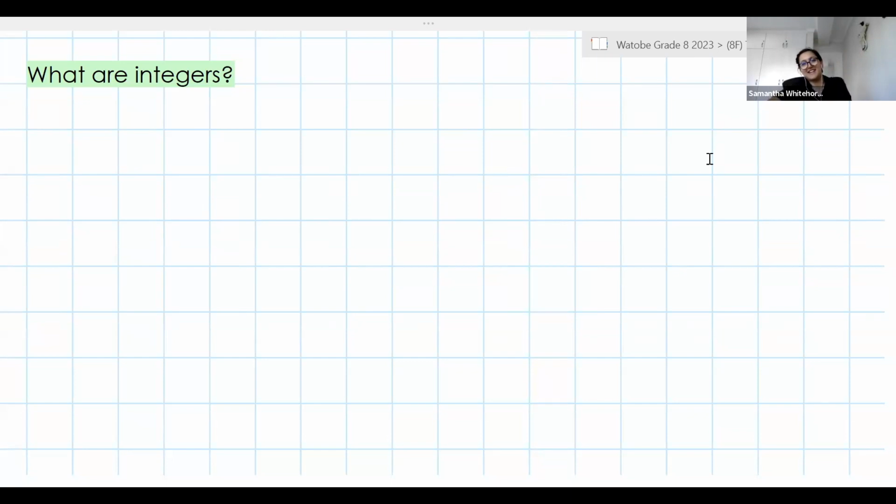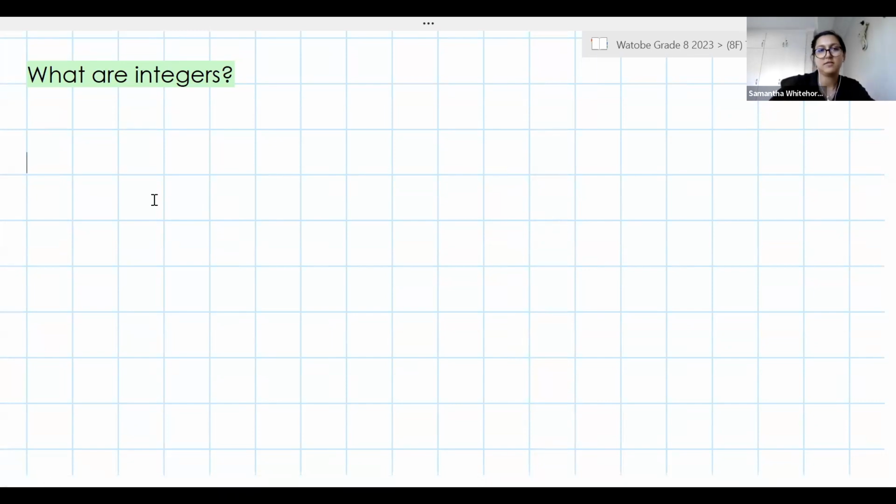Dao, what is an integer? Yes, ma'am. An integer is a number 0, a positive natural number, or a negative integer with a minus sign.